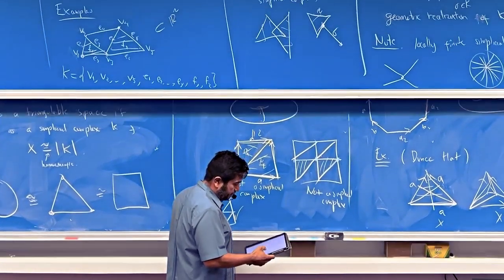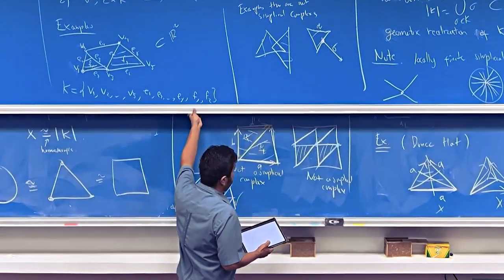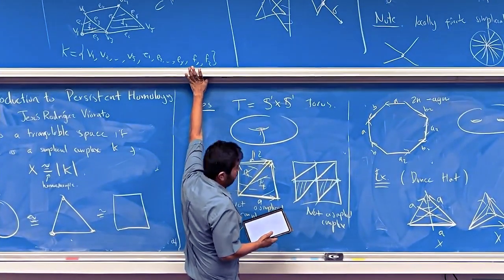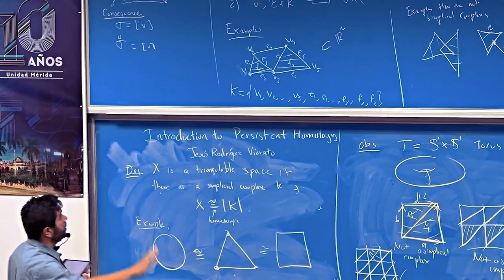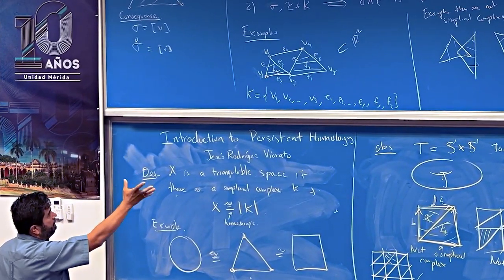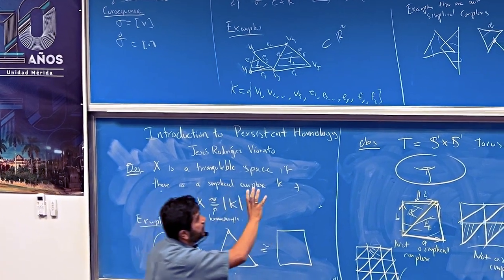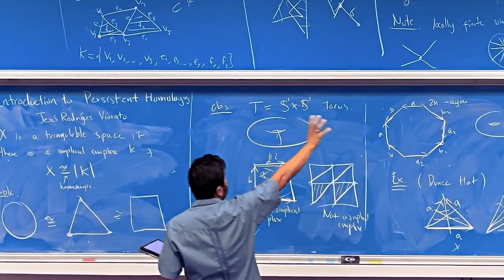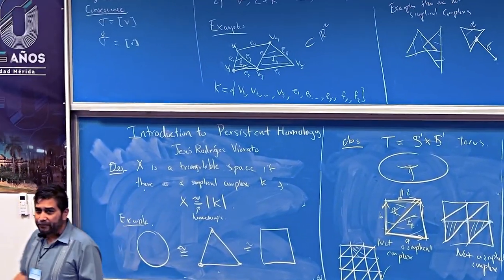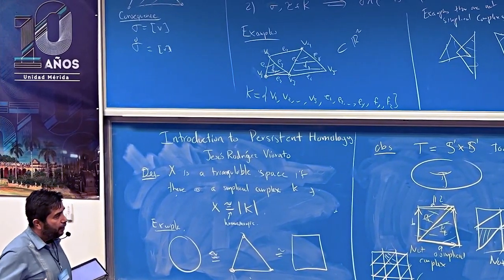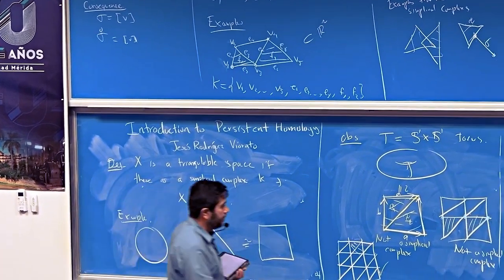I think that's all about simplicial complexes. Oh, there is one more thing. Something that you will hear a lot is that the way we have treated simplicial complexes so far is that they describe a geometric object, and you can take the geometric realization just by taking the union of those pieces. But there is a way of defining simplicial complexes that doesn't require pieces already embedded in a space.